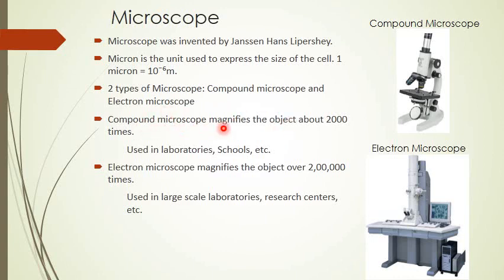So the compound microscope magnifies the object 2000 times bigger than the actual size of the specimen, whereas the electron microscope gives a 2 lakh times larger view of the specimen. With the compound microscope you can see some cells and their structures, whereas the electron microscope can deeply show the structure and many other things present inside the specimen.